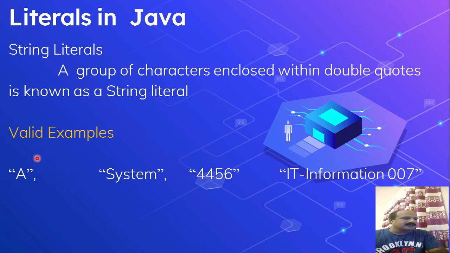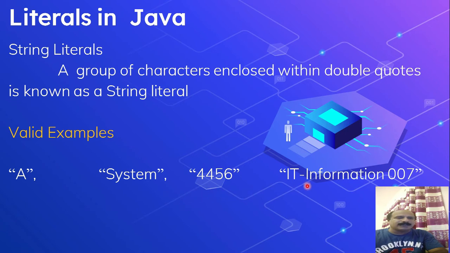Even a single character will work out. I have written capital letter A in double quotes. So it's a string literal. Numbers in double quotes are also string literals. This number cannot be used for calculation because this is a string literal. This will be considered as string only.